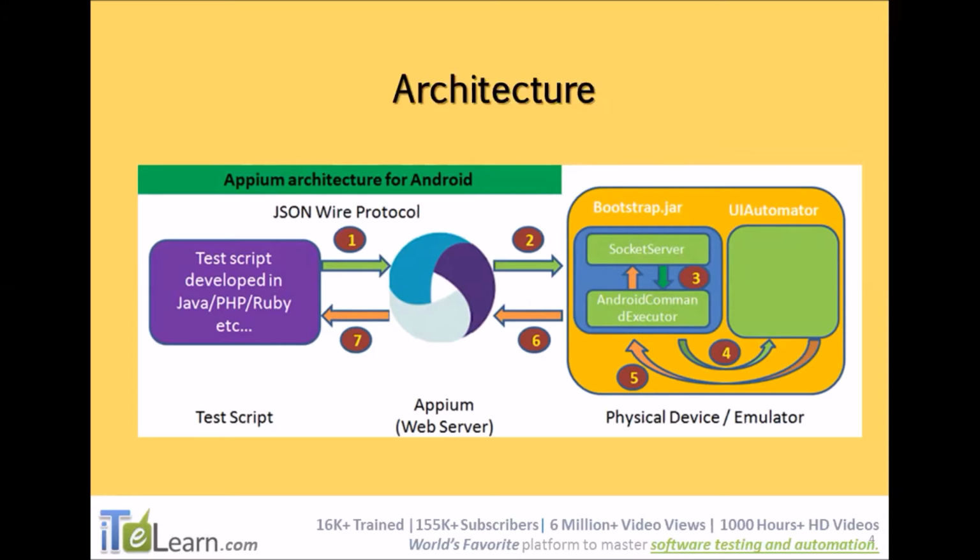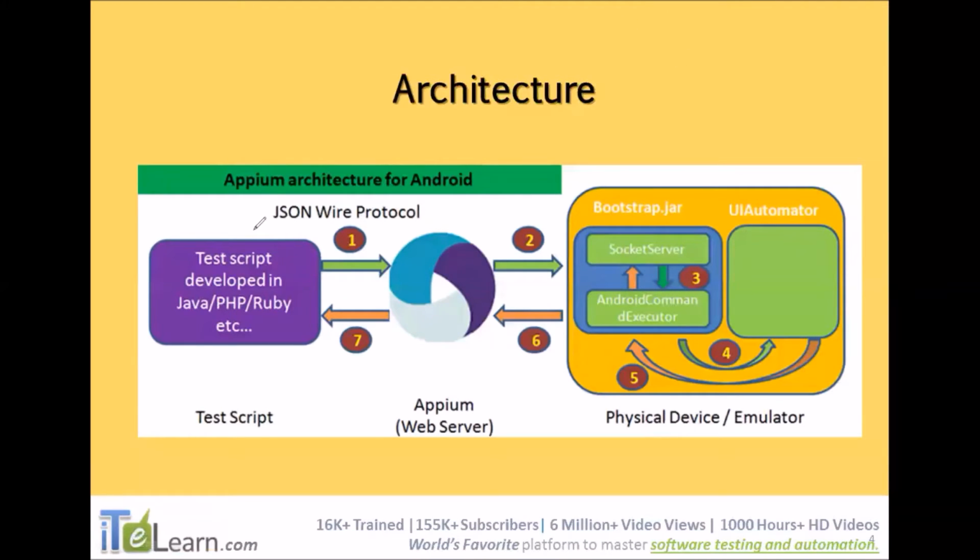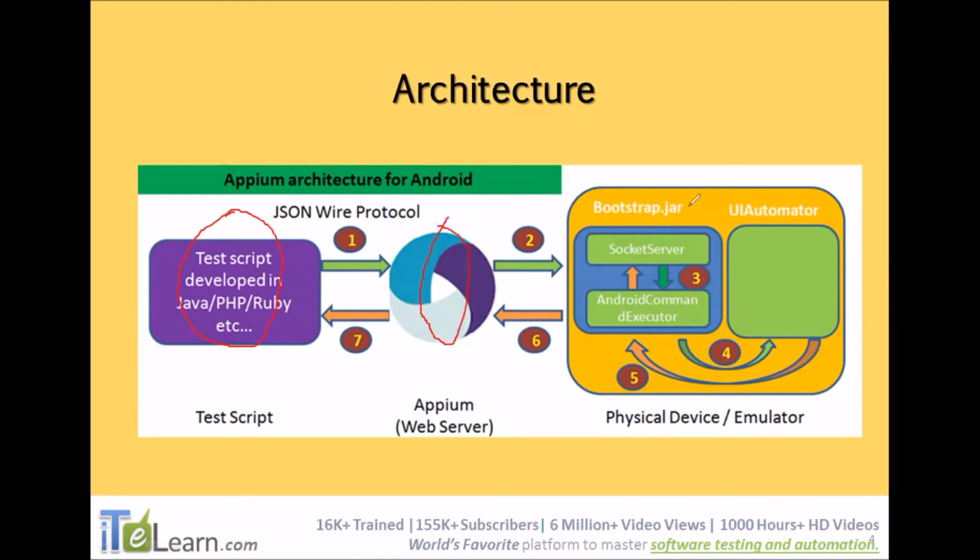Let me start from the left hand side. The first component is the test automation scripts which you write, which in turn communicate with the Appium server, and the Appium server communicates with the physical devices or the emulators.